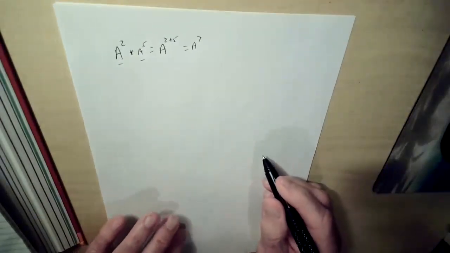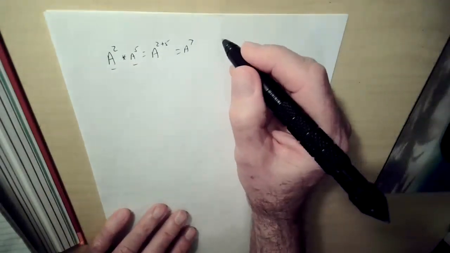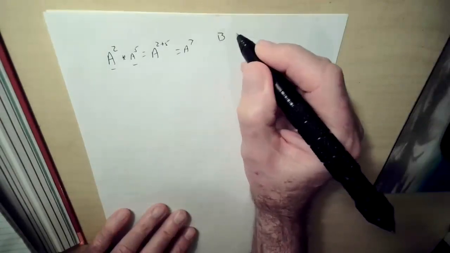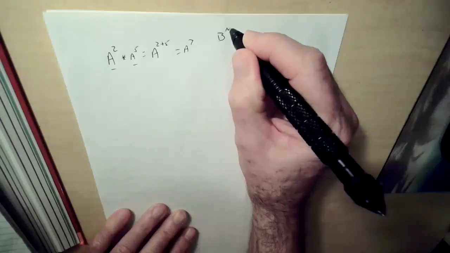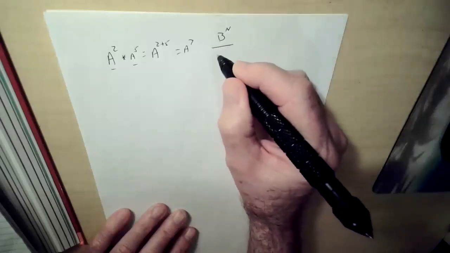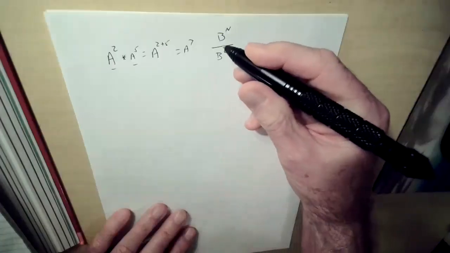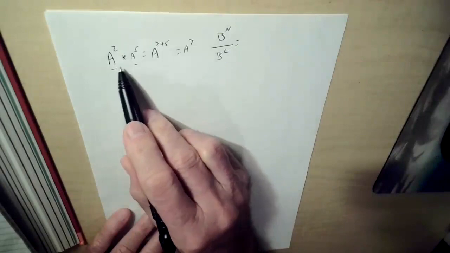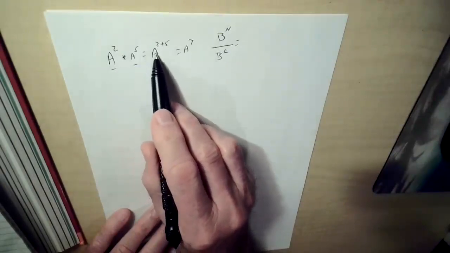Added. Right? When you multiply and you have the same base numbers, you add the exponents, so that would be a to the 7th. Now, you're so smart, get this. What if you have b to the n over b to the c?